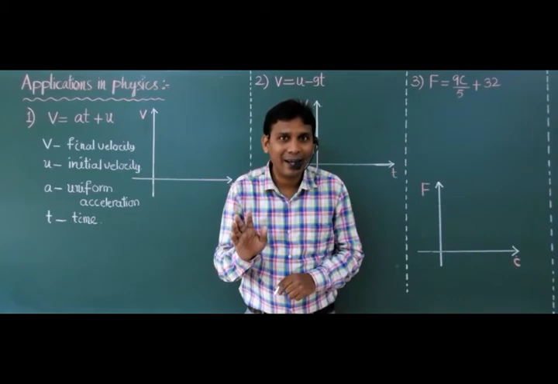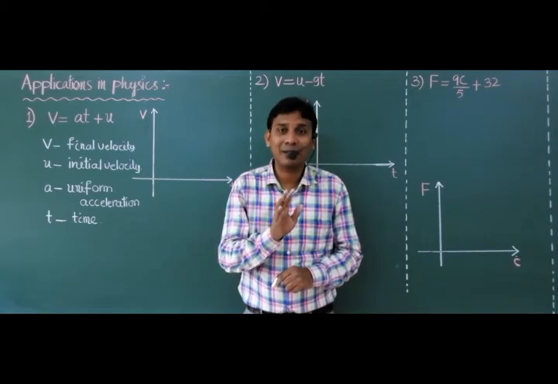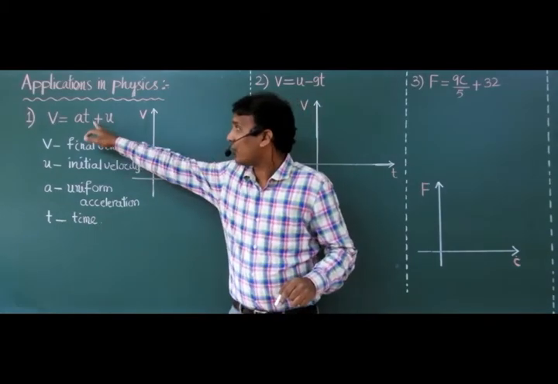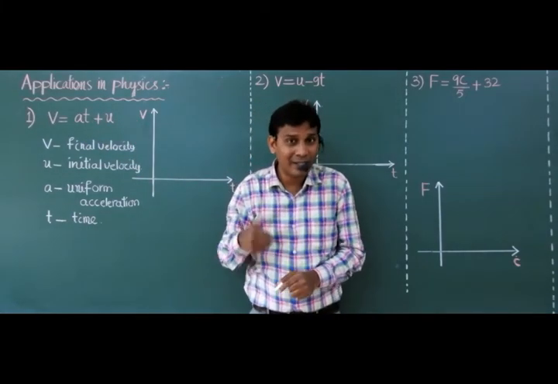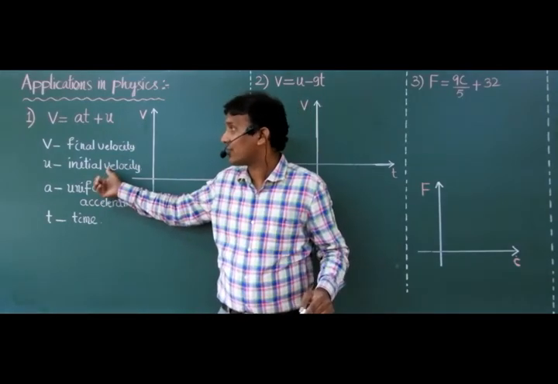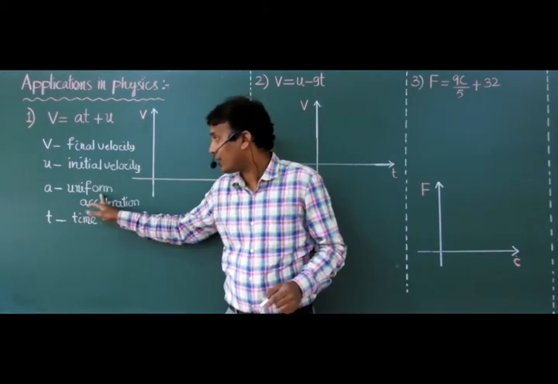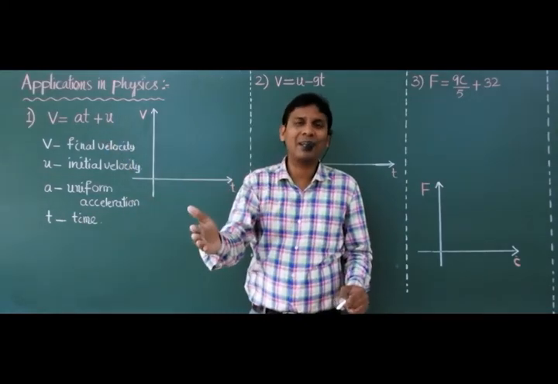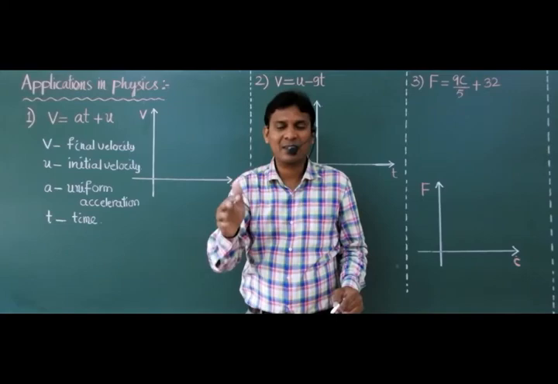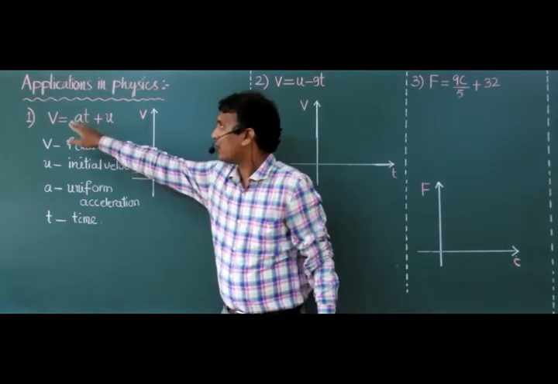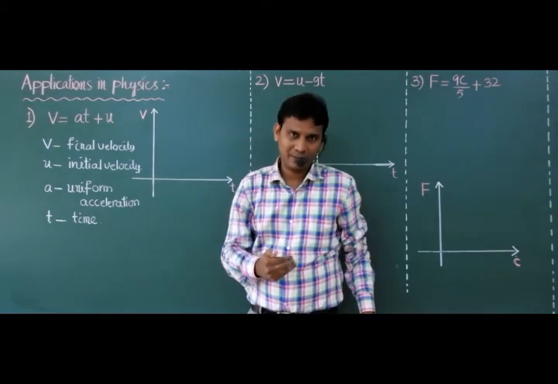So what is the nature of the graph? If it is not in the form of y is equal to mx, it is in the form of mx plus c, because the initial velocity is constant. Here A is also constant. We will discuss all these in detail in first PUC, first chapter, that is motion in a straight line. Okay? Right. Then this is our physics equation.